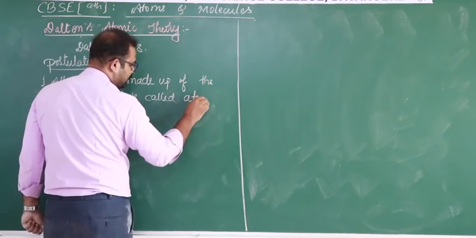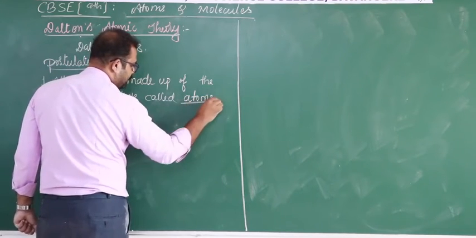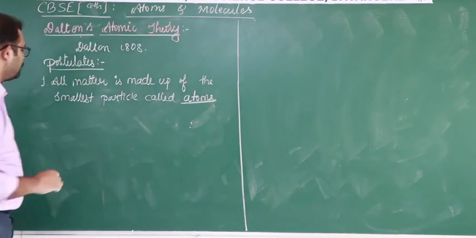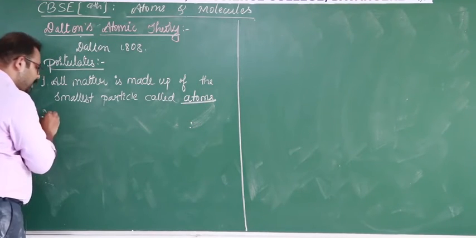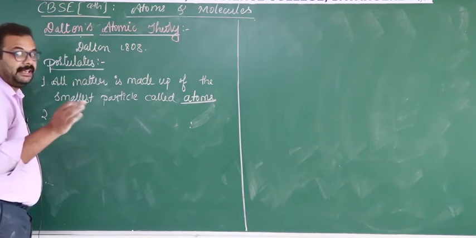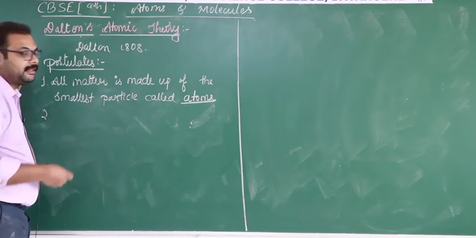So what he says is that every matter is made up of the smallest particles called atoms, and these atoms are indivisible, they cannot be divided.